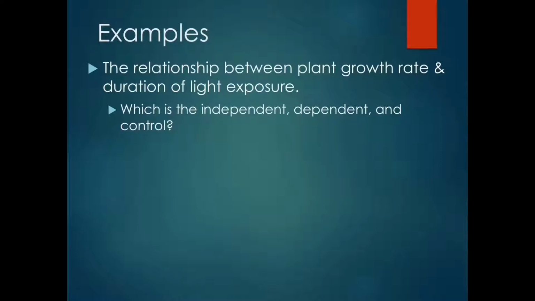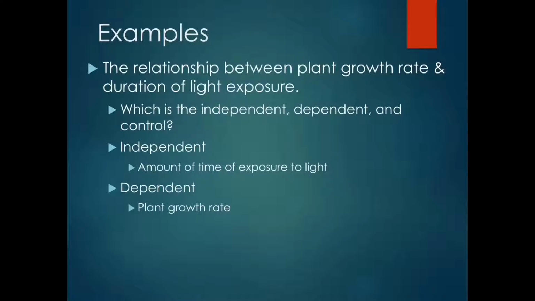Well, the independent is, remember, what we're changing, so that should be the amount of time of exposure to light. So that you are changing how much time you're letting each plant have access to light. The dependent, the thing that's being changed because you're changing the light, is the plant growth rate.